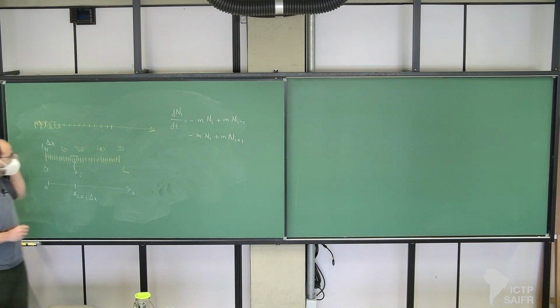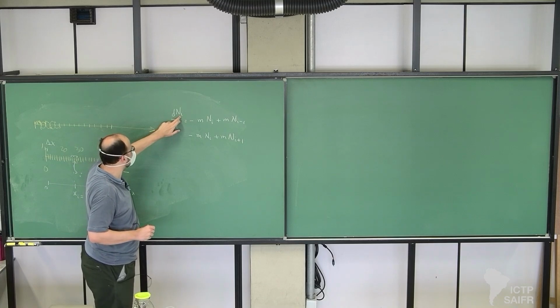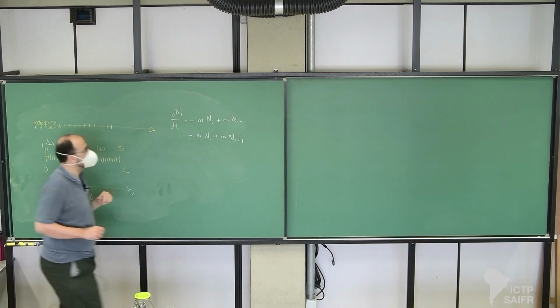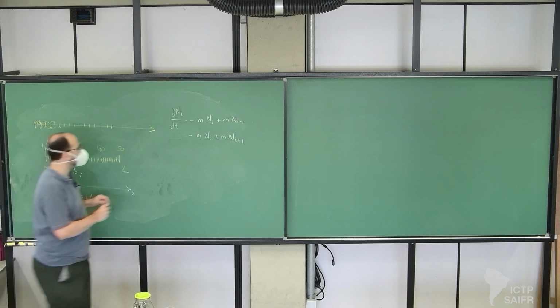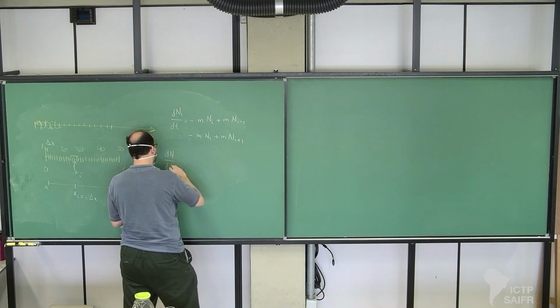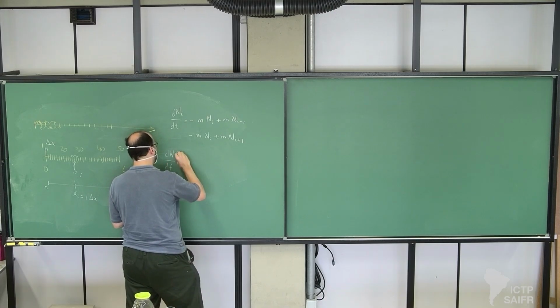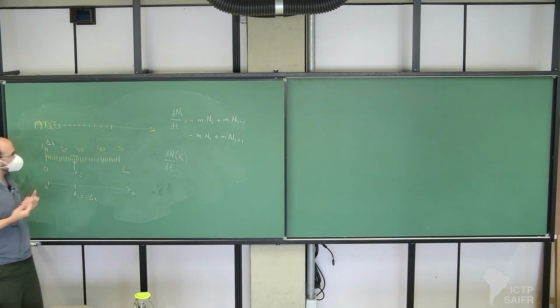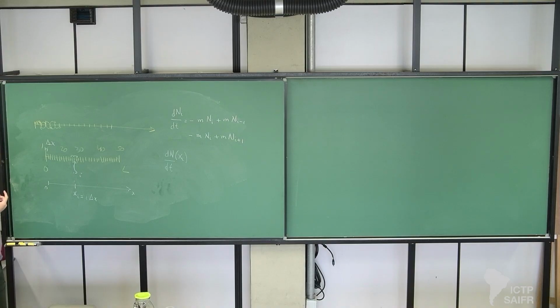And now I'm going to say, instead of writing this equation as ni, the population of patch i, I'm going to write it as dn/dt of the population at the point xi. Here it looks like I just changed the notation, but actually I'm trying to do something more fun.